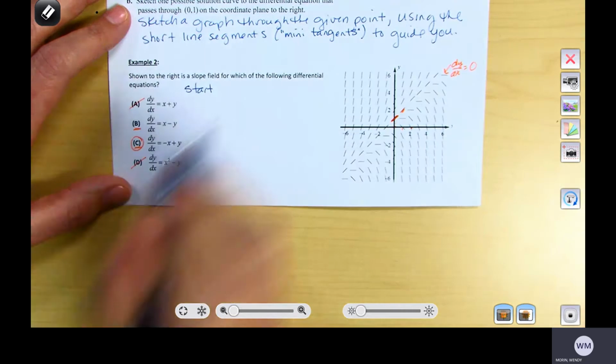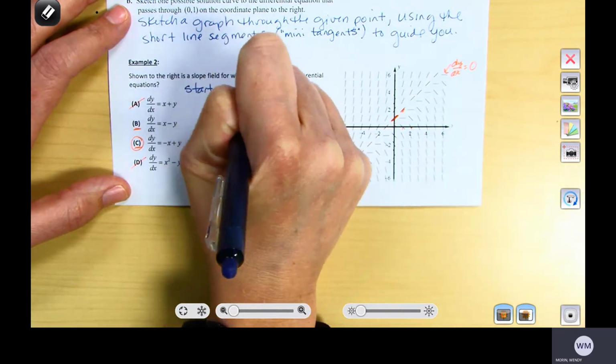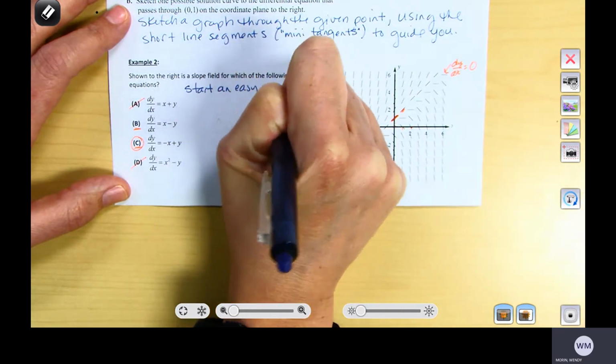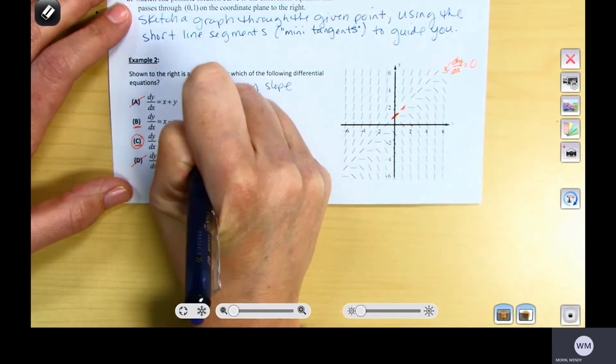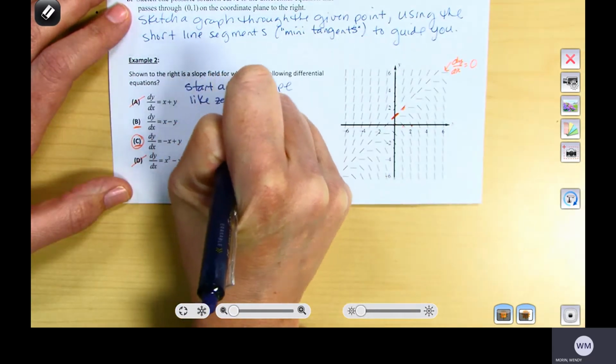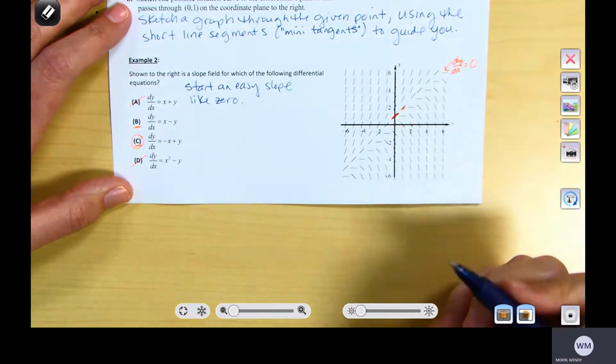Start with the easy slope. I like to start with 0. Hopefully there's a slope of 0 somewhere.